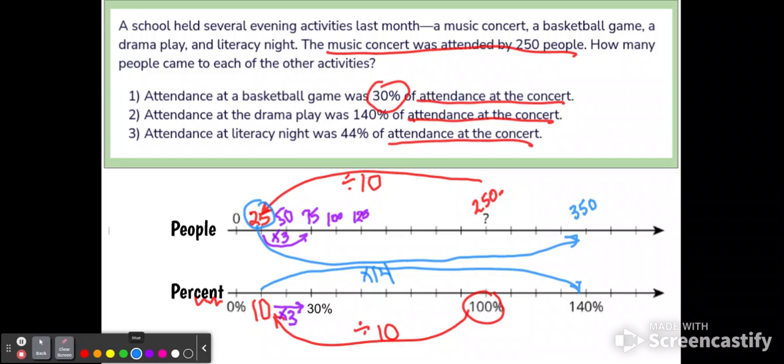Okay. So I've just answered the first two questions. 30%, I know, is 75 people. 140%, we just figured out, was 350 people.